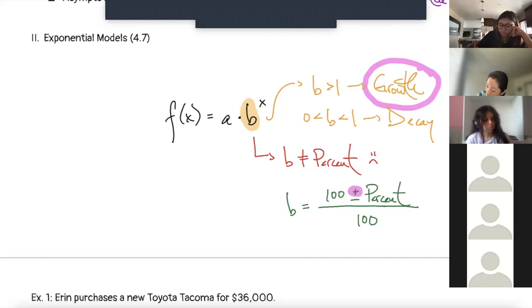But if we see a decay situation, then that's when we're going to choose to subtract. So that is something we need to actively make a decision on. If it is a growth situation, we do 100 plus the percent. If it's a decay situation, we do 100 minus that percent.